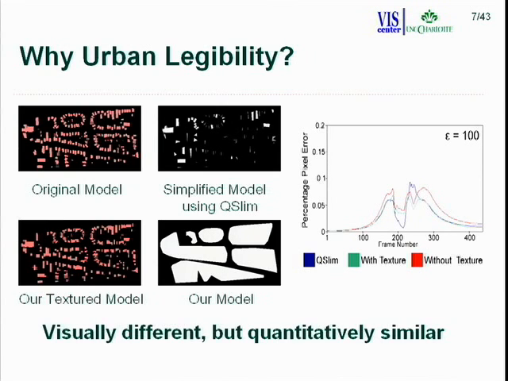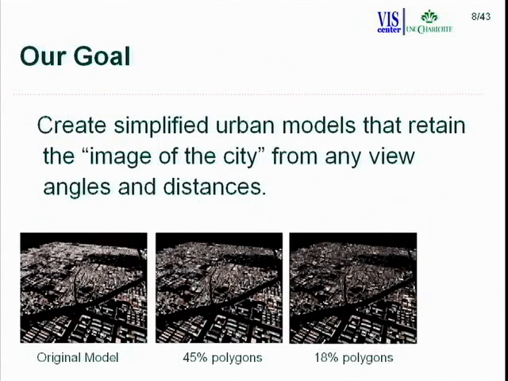What that says to us is that even though you look at these four models and say, well, they look very different to me, if you measure it purely quantitatively using pixel errors, they actually come out to be very similar. So we can't really just use pixel errors as the driving force behind simplification of urban models. We have to use something a little bit different. We have to use higher level information.